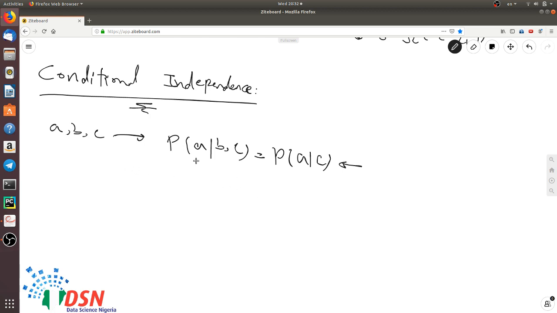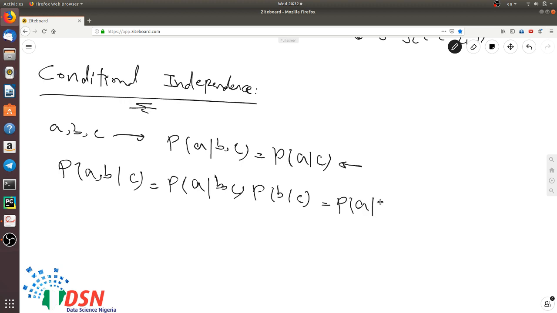We could express it in another form, which is very common. We could say that p of a and b given c is equal to p of a given c times p of b given c. Using the product rule, p of a given b and c times p of b given c equals p of a given c times p of b given c.